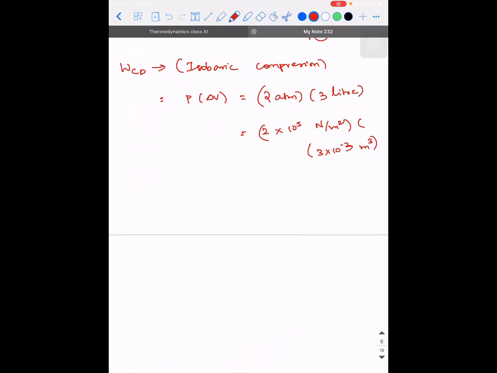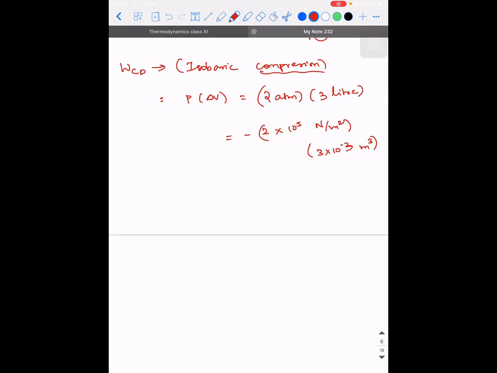So what is the additional thing that I need to add? Compression means what? Negative sign.